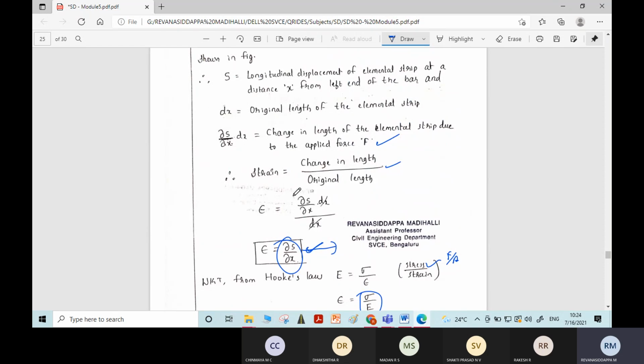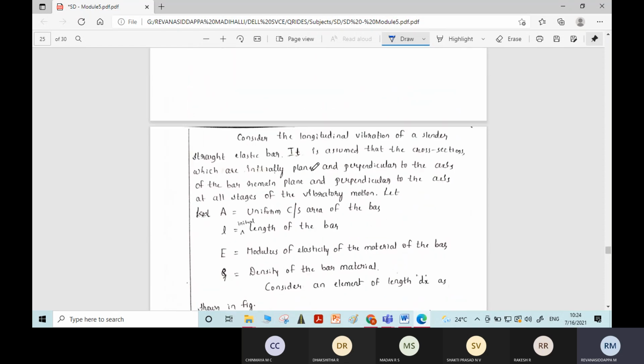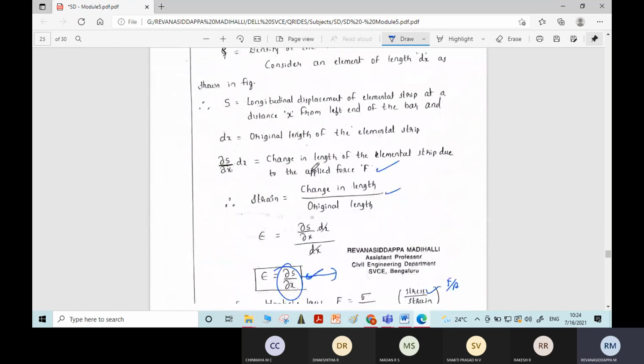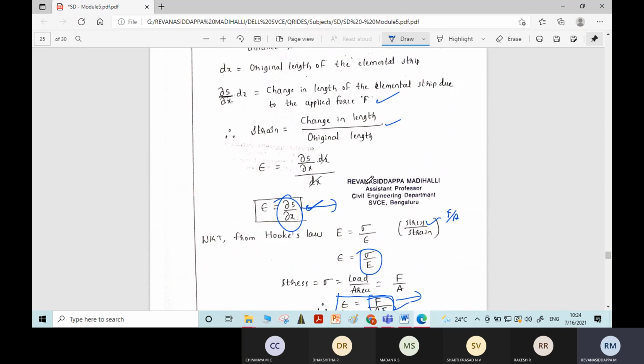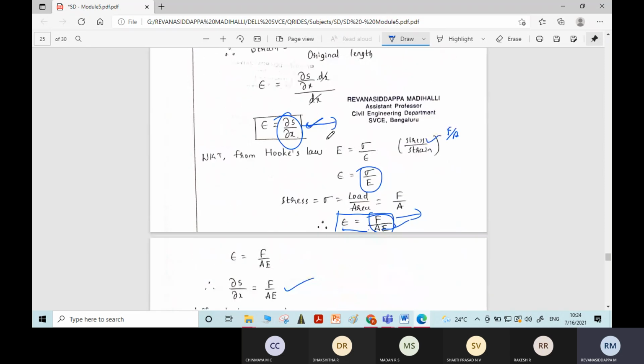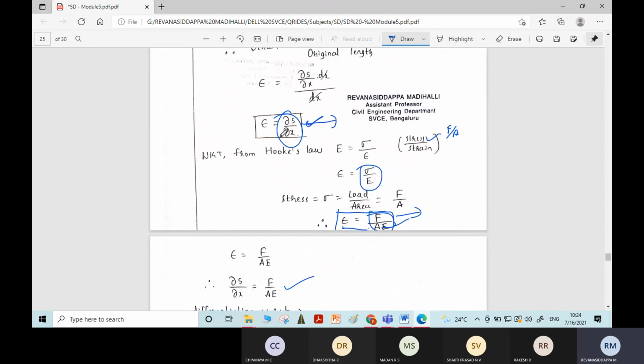Initially we have to take the strain condition corresponding to this elemental strip, that is change in length to the original length. By substituting the relevant things for the elemental strip, you will get del s by del x. Then we have to obtain an expression for the same strain by using Hooke's law, that is E equal to stress by strain, modulus of elasticity equal to stress by strain.